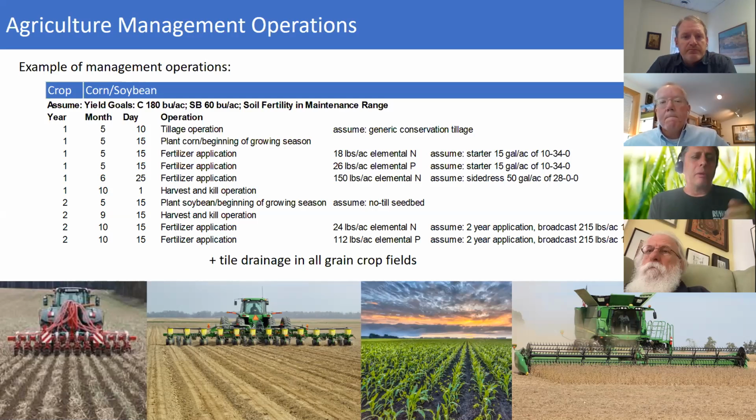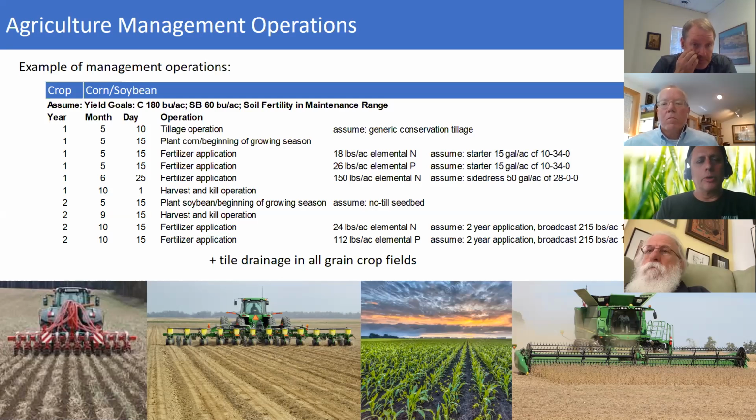For example, we have first the year, so there are 2 years of the rotation, so we have to specify what happens in year 1, which is the corn part of the rotation, and year 2, the soybean part of the rotation. On what month different operations occur, on what days, and then what are the operations that occur. So we see there, for example, there's tilling, there's planting, there's fertilizer application, harvesting, planting soybeans, harvesting, and so on.